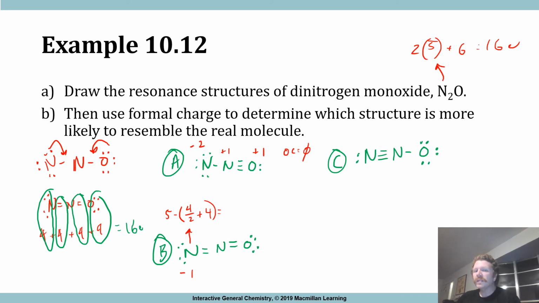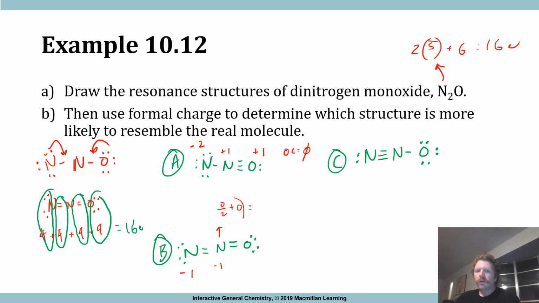Okay, so that nitrogen is better off than the nitrogen in model A, but we've got to care about our overall charge. Okay, next up, this one. 5 minus shared would be 8 divided by 2, plus 0 unshared would be -1.